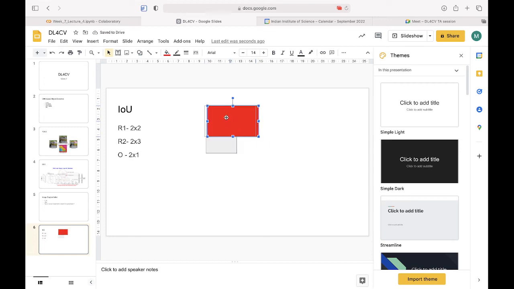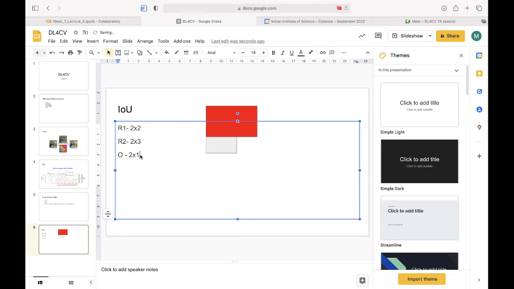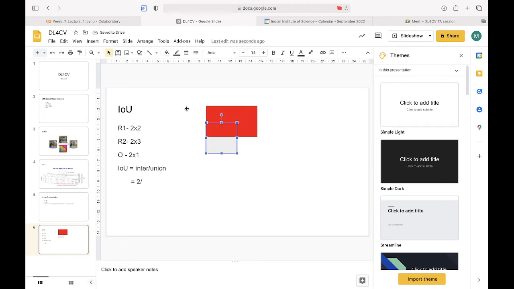So here if I have to compute intersection over union, IOU is intersection area by union area. My intersection area here is 2 cross 1, so 2 units is the intersection. So what is the union? That's the entire union of both regions.